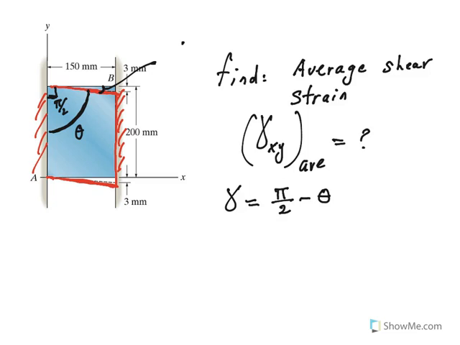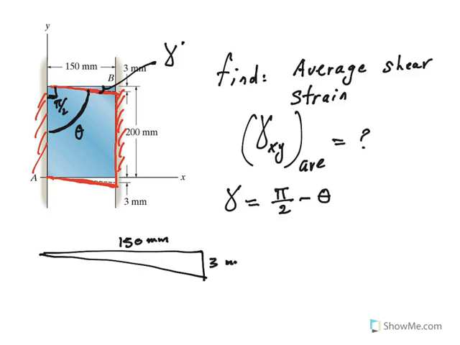So that's actually gamma. If I could enlarge this for you, if this is 150 millimeters and this is 3 millimeters here, this angle is gamma. Or if you want to call it alpha, gamma is alpha.